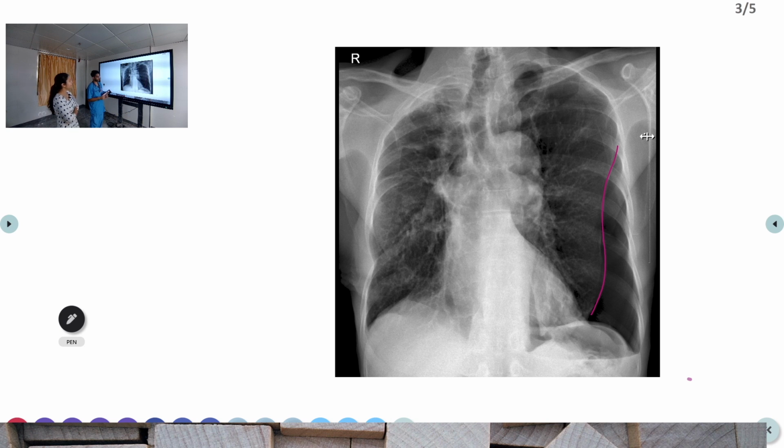On identifying this, we need to compare with the stability of the patient. Criteria for stability in pneumothorax: respiratory rate less than 24, no shortness of breath at rest, pulse more than 60 and less than 120, normal BP, oxygen saturation greater than 90% on room air. If the patient is stable, there is no immediate indication for ICD insertion.